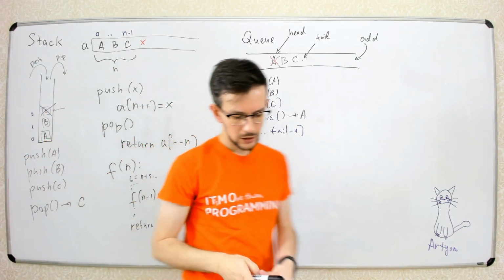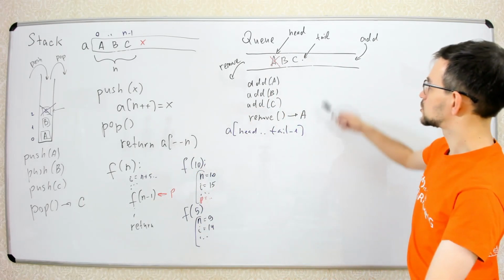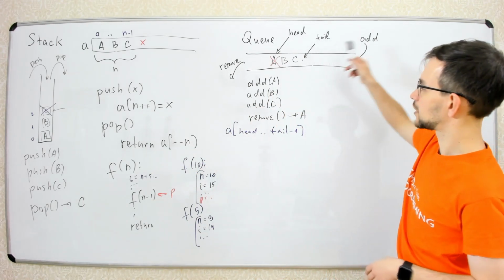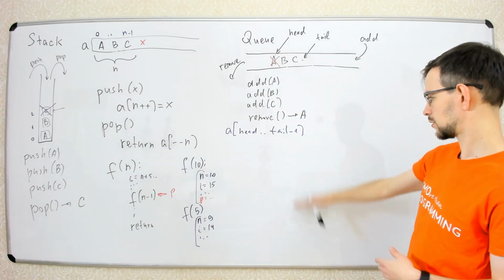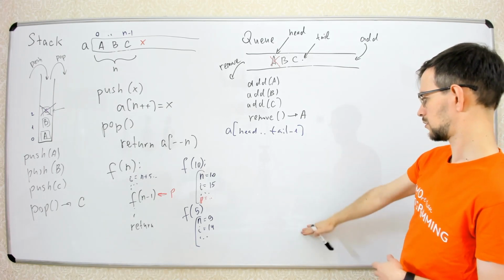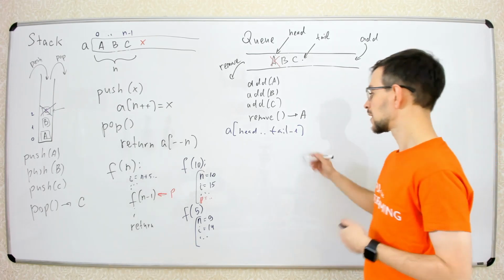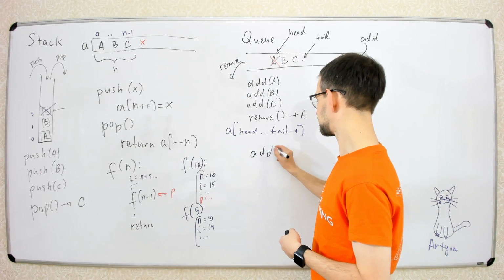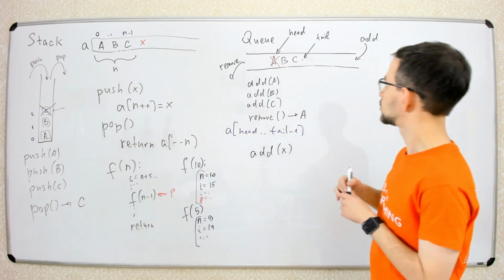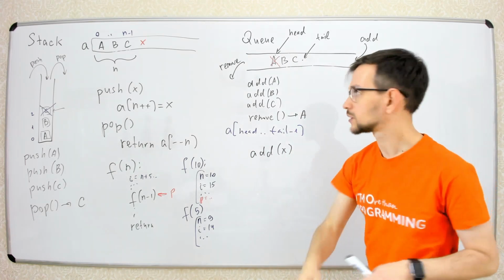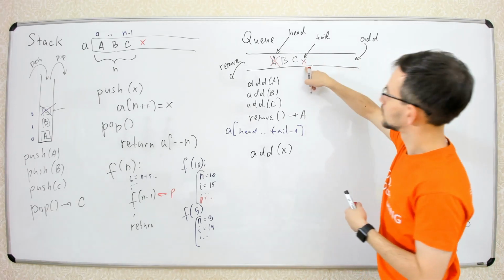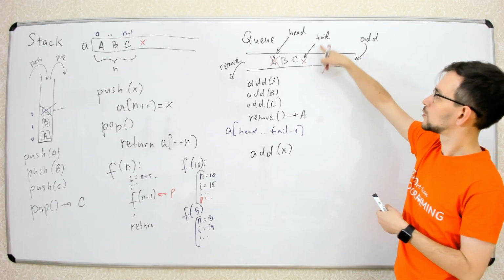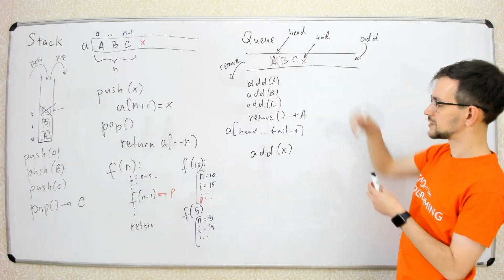Now let's implement these two functions. We need add and remove. How to add an element to the queue? The new element we should add to the position tail, and then increase tail.